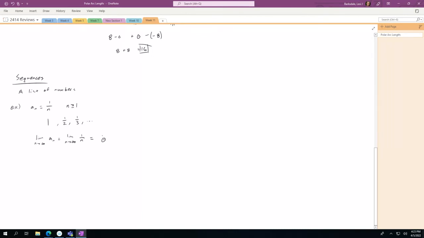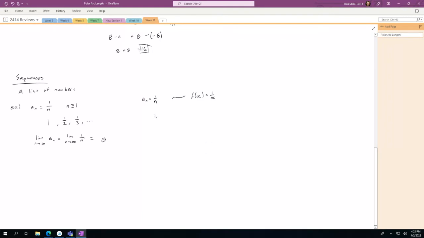One common method used to find the limit of a sequence is actually to find the limit of a function that matches it. So if I say that my a sub n is equal to 1 over n, well, then I can come up with an analogous function, f of x is equal to 1 over x, right?